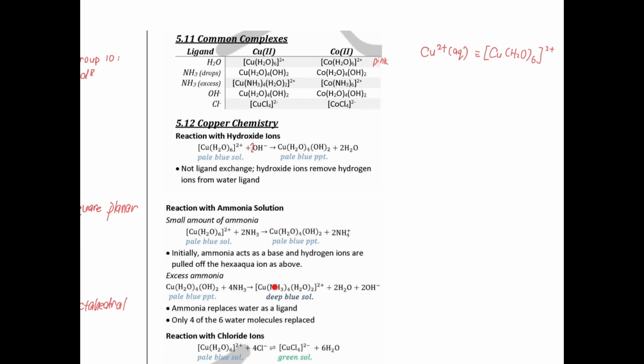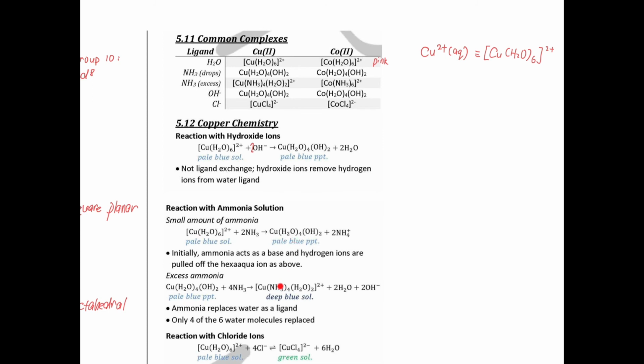You can see here, NH3 is here now. Two of the H2O come out, so only 2 remain. So this is deep blue solution. When you put a bit of ammonia, it forms precipitate.